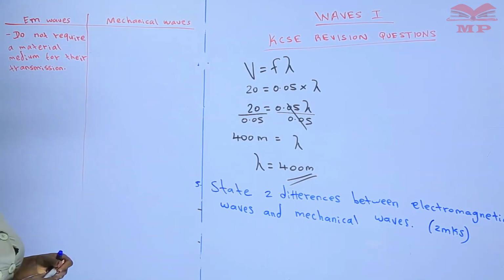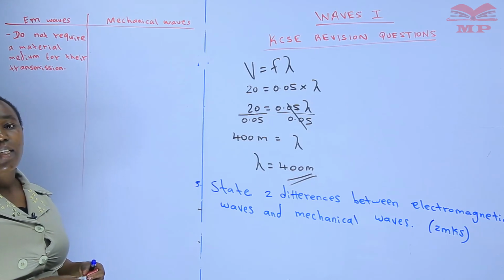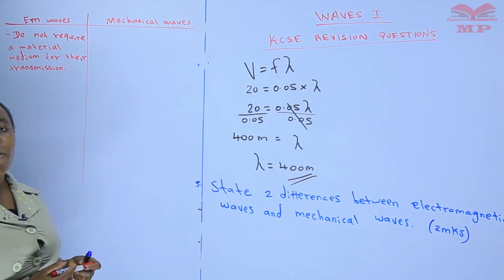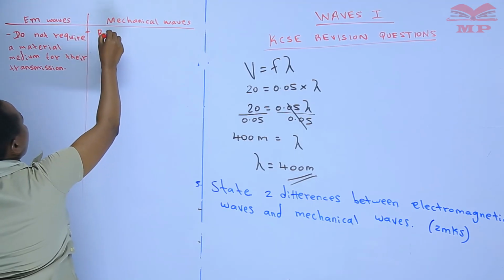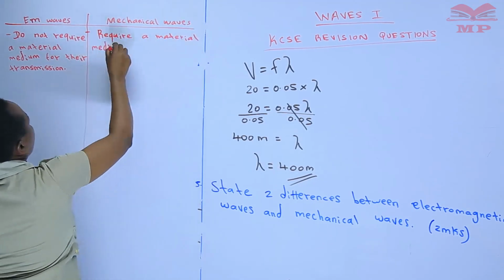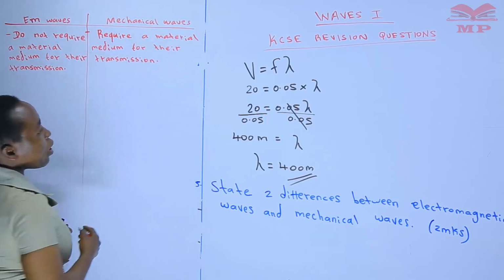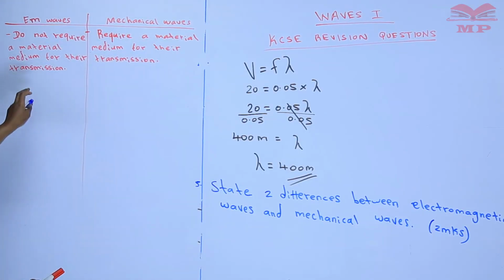Whereas the mechanical waves are waves that require a material medium for their transmission. So that's one of the differences between the two. For EM waves, they do not require material medium for their transmission, while mechanical waves require material medium for their transmission.